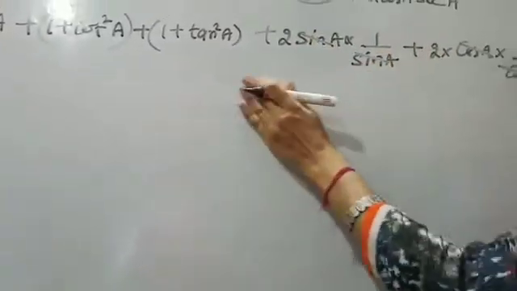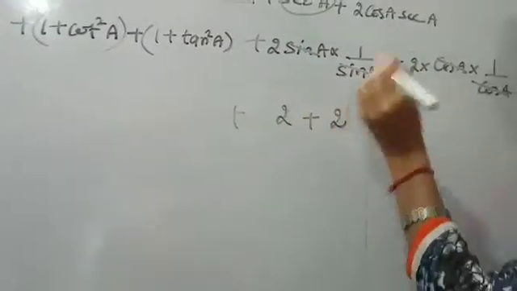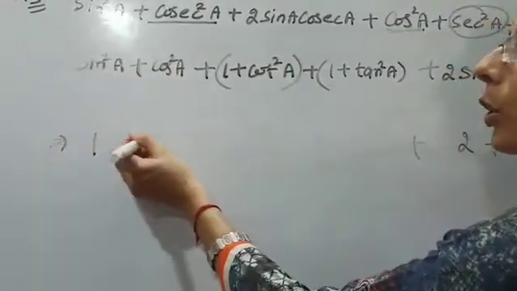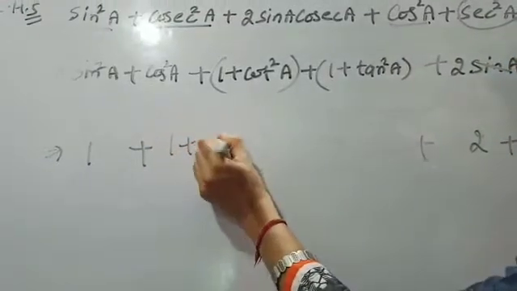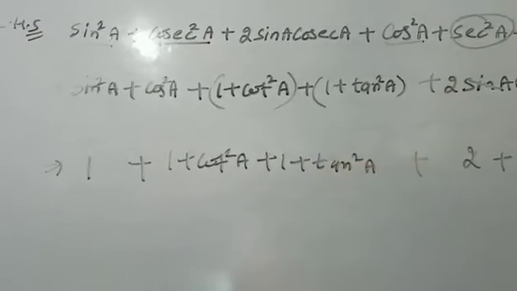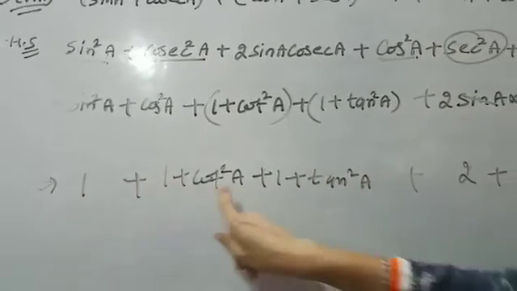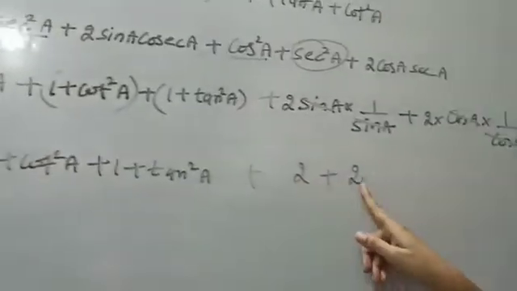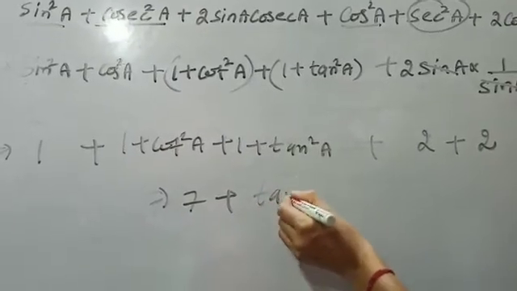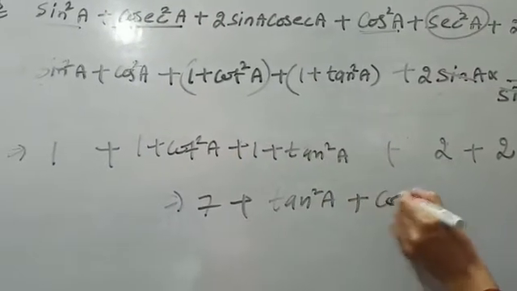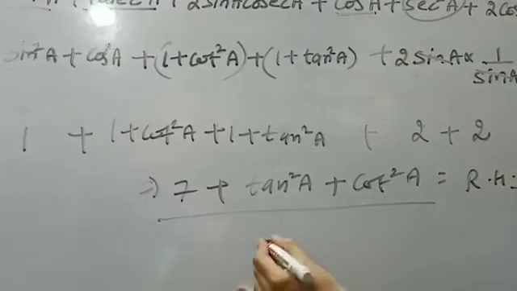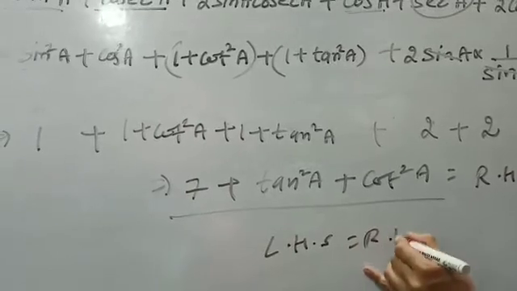The terms left are 2 plus 2, and sin square A plus cos square A, which is 1, plus 1 plus cot square A plus 1 plus tan square A. Now add all the constants: 1 plus 1 is 2, 2 plus 1 is 3, 3 plus 2 is 5, 5 plus 2 makes 7, plus tan square A plus cot square A, which is equal to the right hand side. So we approached from the left hand side to the right hand side.